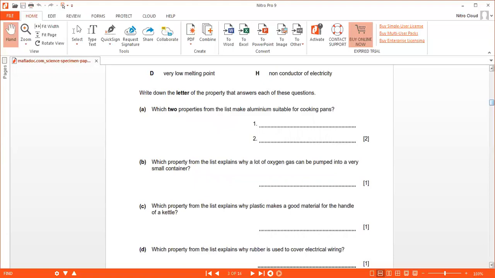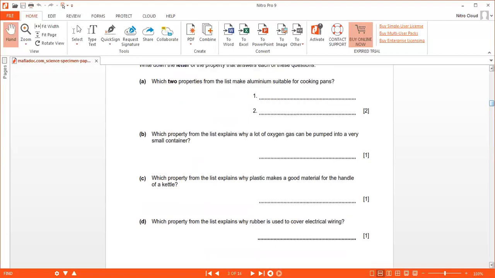Because it's a poor conductor of heat, so the answer is F. The last one, which property from the list explains why rubber is used to cover electrical wiring? Because it's a non-conductor of electricity, so the answer is H.